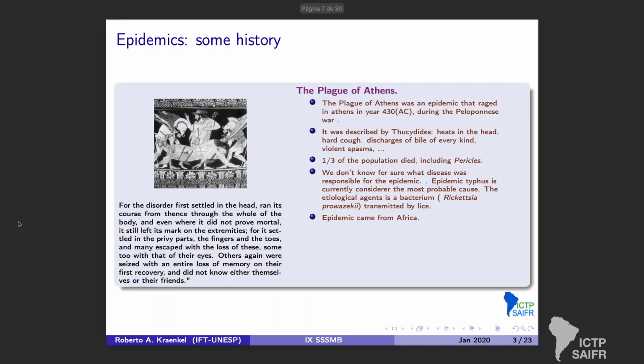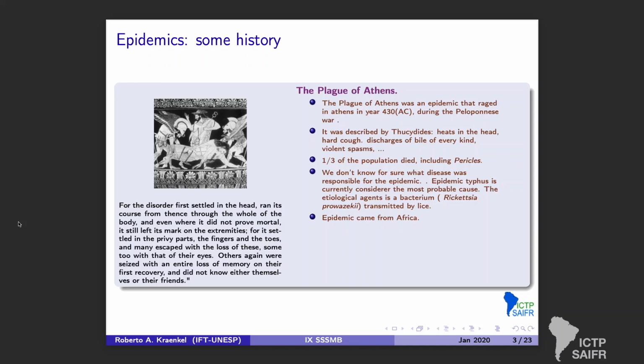So, plague. This is maybe the first written description of an epidemic, and it is called the Plague of Athens, which is not bubonic plague. The name plague is used in a very general way.